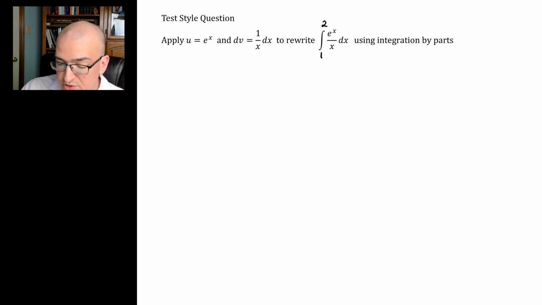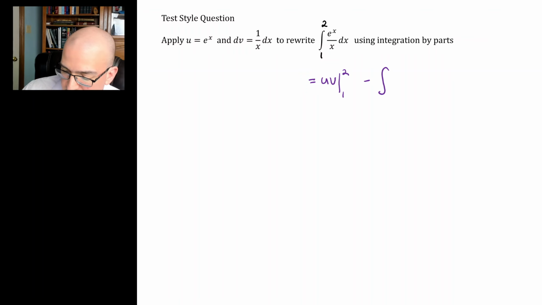All right, so anyways, we're going to use this set of transformations, if you want to call them that, even though it's a very different process than transforming using substitution. We use this instruction to rewrite the integral. So we recognize that this is going to be written as uv integrated from 1 to 2 minus the integral of v du integrated from 1 to 2.